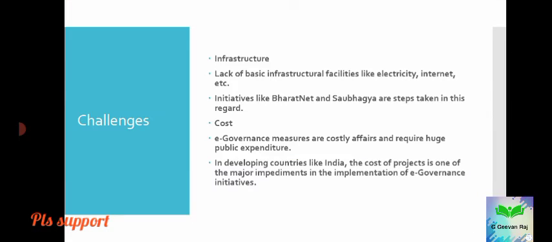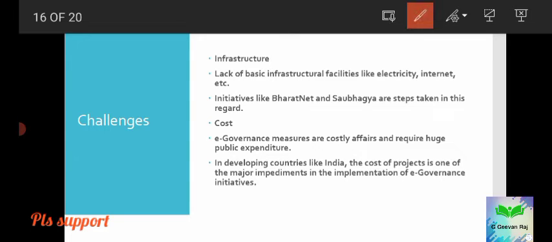Now let us look at some of the challenges of e-governance in India. One of the major challenges for e-governance in India is the lack of infrastructure. Lack of basic infrastructural facilities like electricity, internet, etc. Initiatives like BharatNet and Saubhagya are steps taken in this regard. So in India, we lack basic infrastructure facilities like electricity and internet access. And most of the people don't even have smartphones in India.